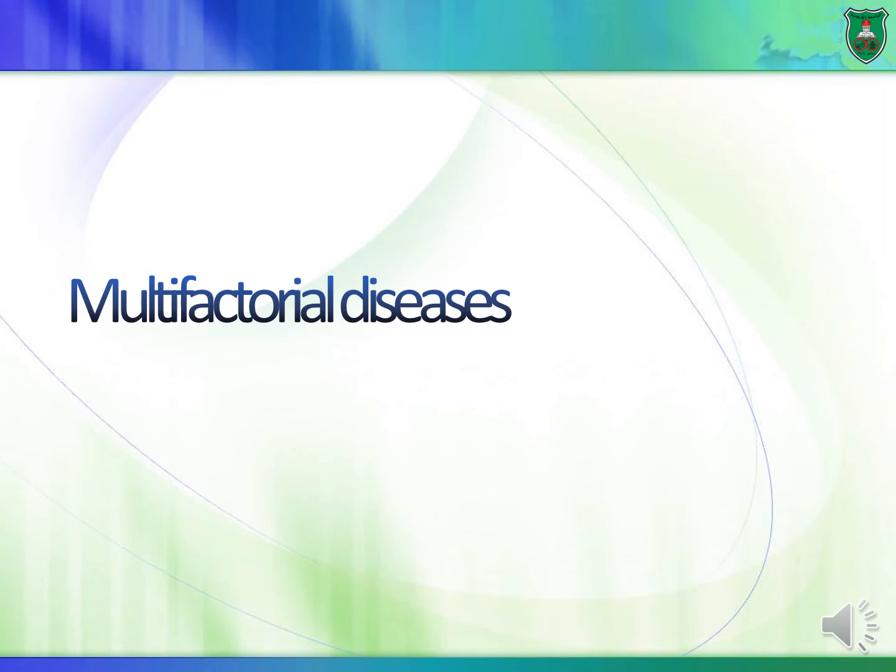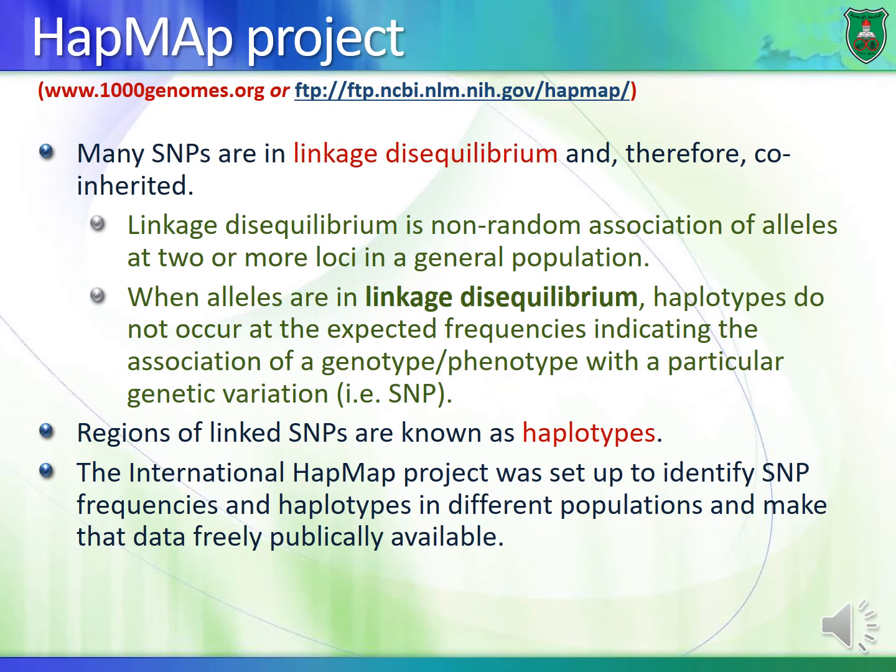Let's talk briefly and quickly about multifactorial diseases. Now, since for multifactorial conditions, particularly polygenic conditions, several genes are involved in the etiology of these conditions, it's difficult to pinpoint the ones that are associated or responsible for these diseases.